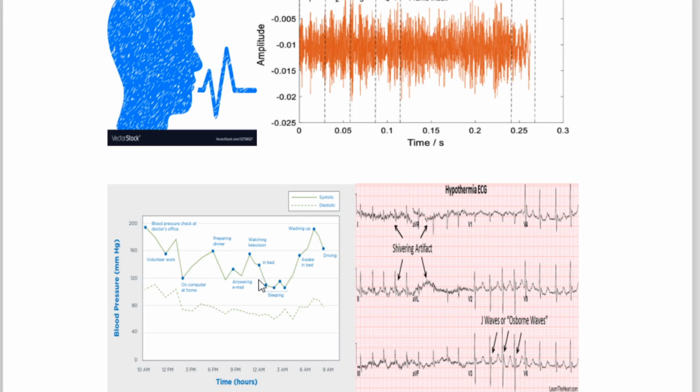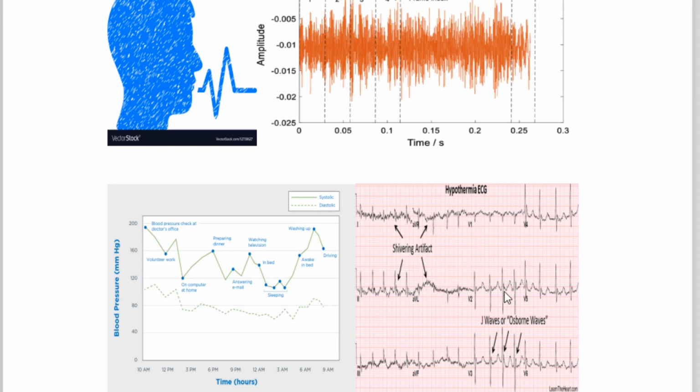The variation in blood pressure is itself also an analog signal, which we convert into an electric signal. We'll see that later on. The third example which I have taken is the ECG. To check the pumping of the heart, we normally take an ECG. So ECG is also one of the examples of an analog signal.